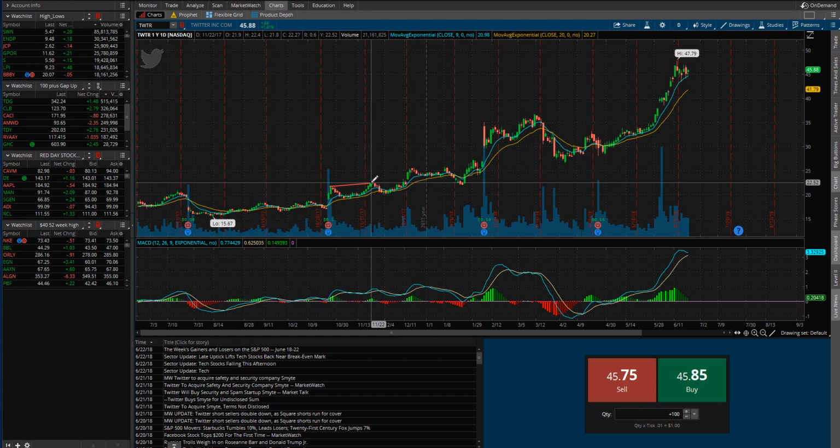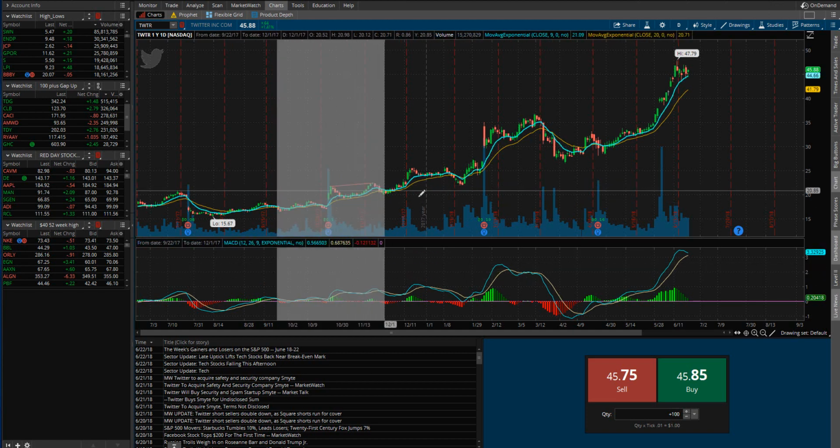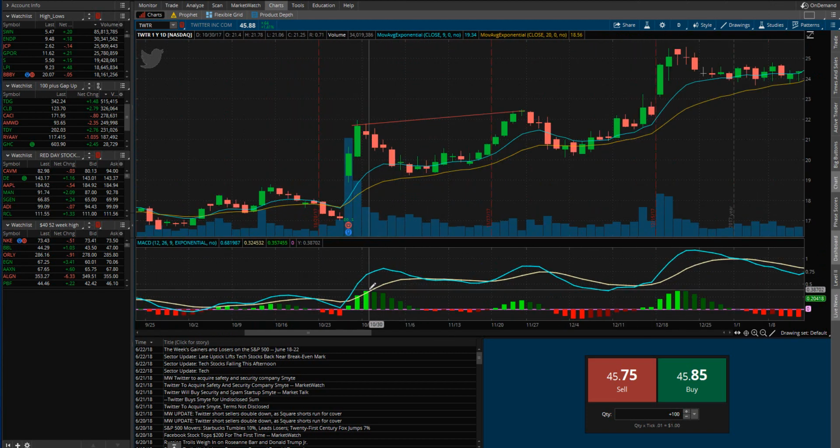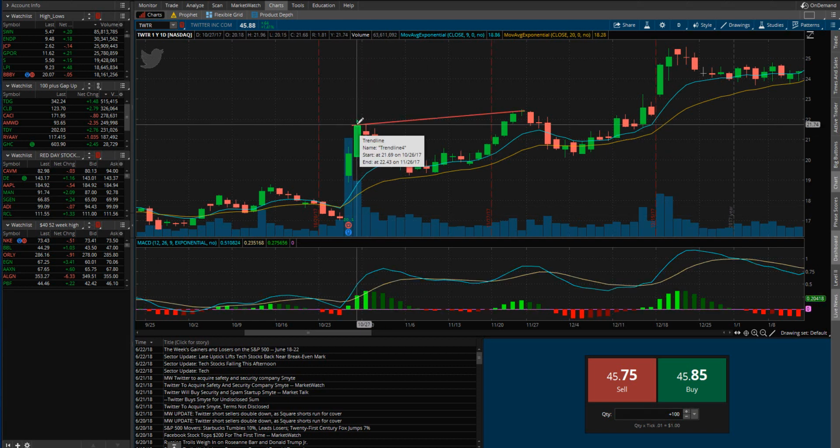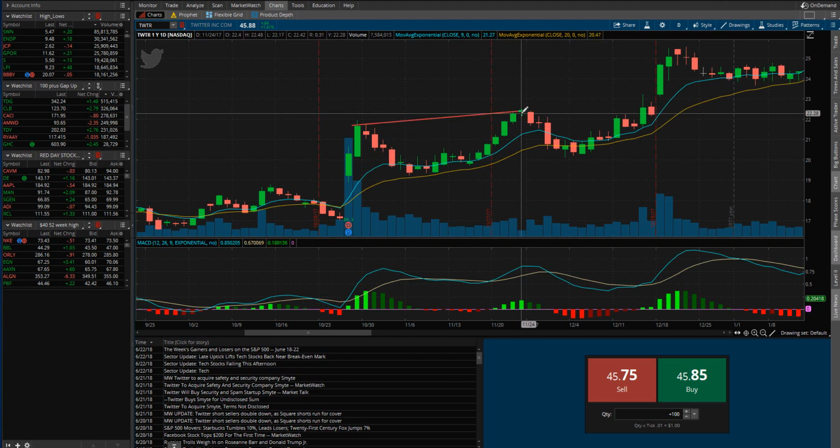Now for the MACD, it actually forms a lower high. So let me zoom in. What I mean by a lower high is, if you're looking at this positive momentum on the MACD, it gets right here, and compare it to the price right here is lower than the price right here.